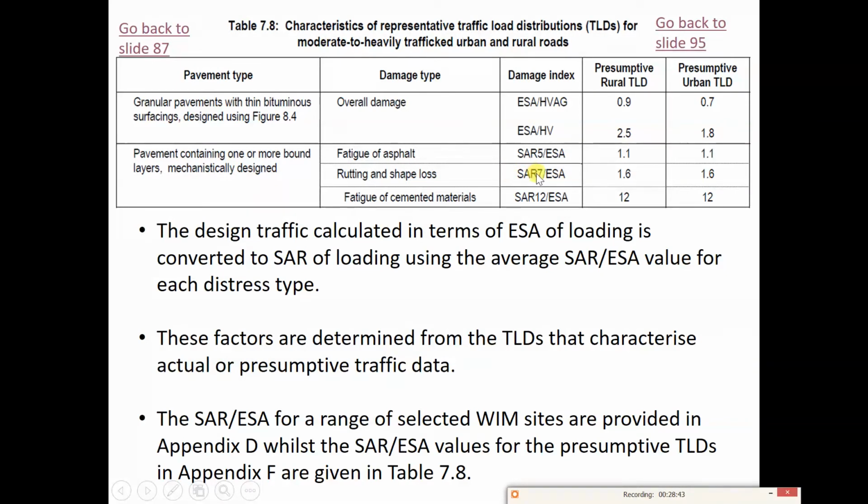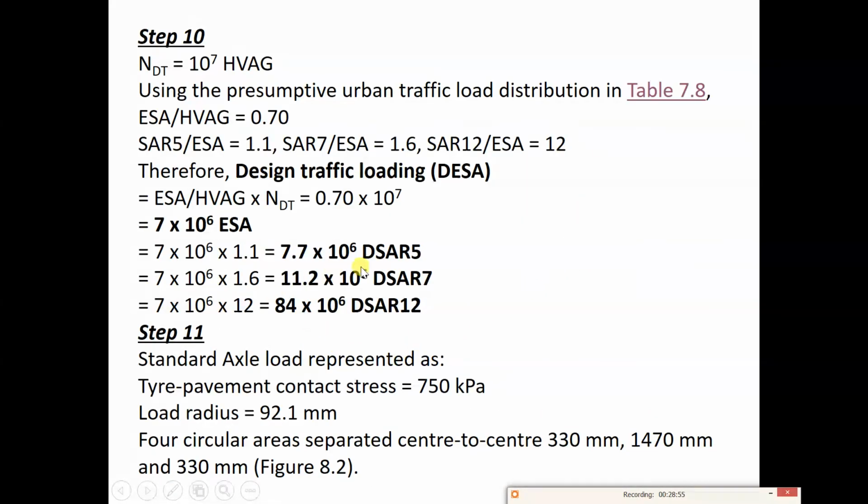And SAR 7 is 1.6 multiplied by ESA, and SAR 12 is 12 multiplied by ESA. Okay. So that we get the corresponding SAR value from the ESA. So we got these values: 7.7 times 10 to the power 6, 11.2 times 10 to the power 6, 84 times 10 to the power 6. Okay, so these three values.